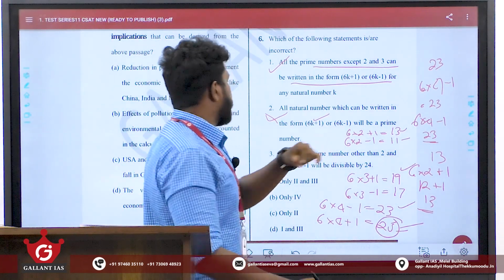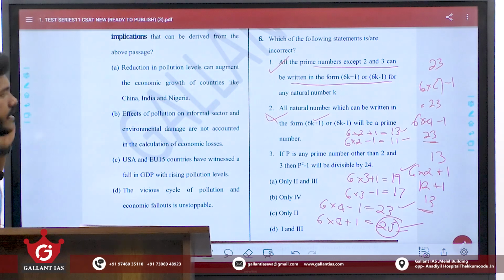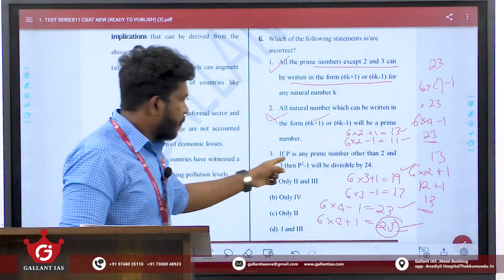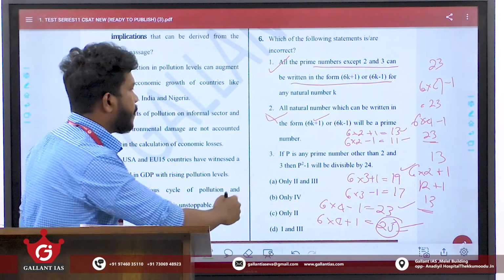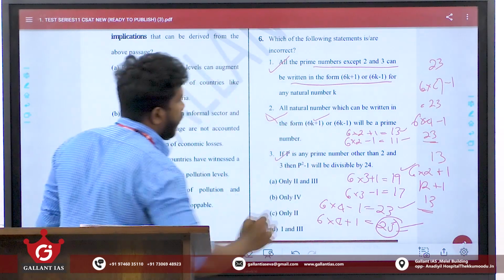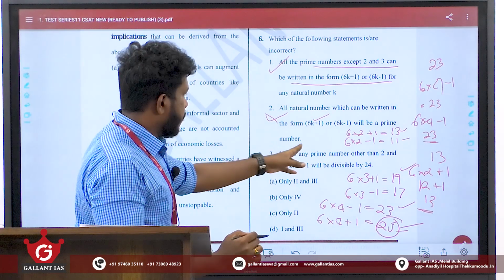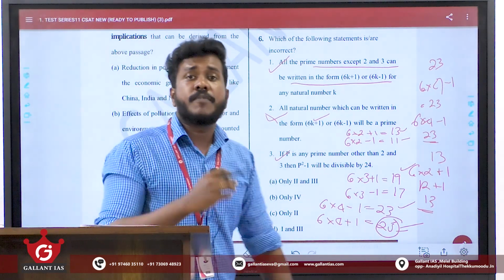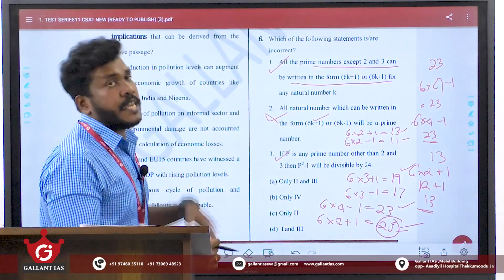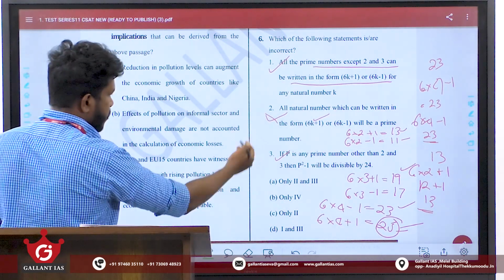Now what about statement 3? If p is any prime number other than 2 and 3, then p square minus 1 will be divisible by 24. Actually, that statement is correct. Now let us check.